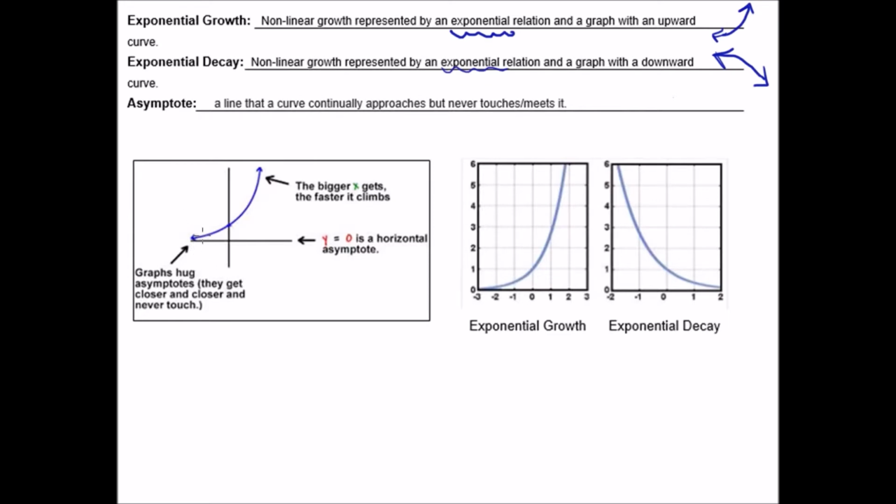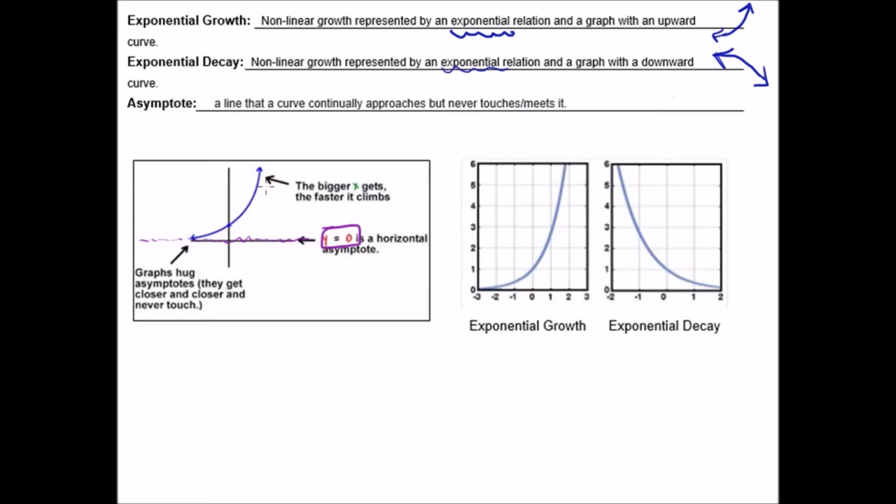This blue graph right here is an exponential relation. What happens is it approaches y equals 0 as the horizontal asymptote. It gets closer and closer to the horizontal asymptote but never actually touches it.